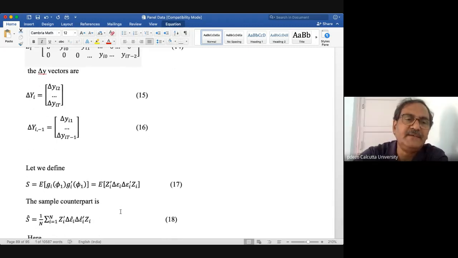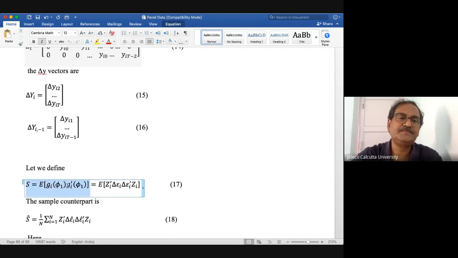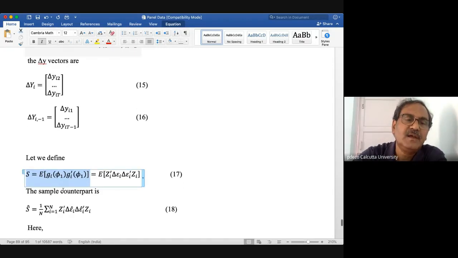Now let us define S is equal to the expectation of gi of phi 1 into gi prime of phi 1.